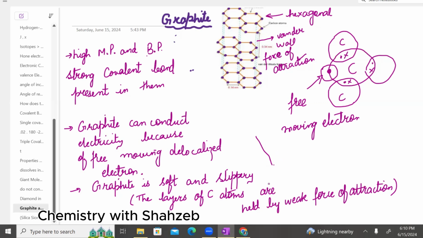These layers can even slide over one another. If a force is applied somewhere, these layers can slide over each other. That makes them soft and slippery.